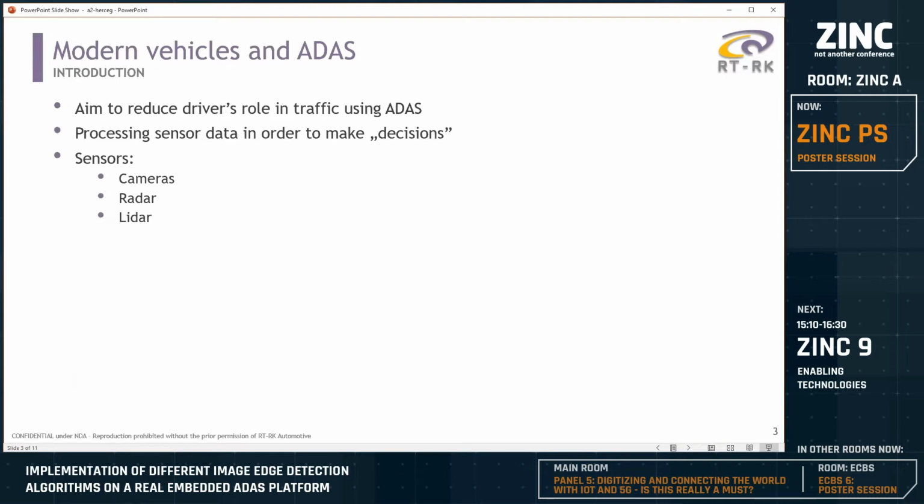They rely on processing sensor data in order to make autonomous decisions, quote unquote. So the key sensor that is related to this work is the camera, as edge detection is an important step in processing images from cameras.